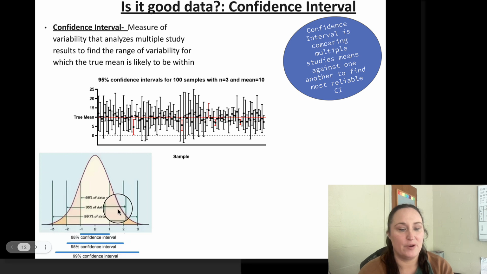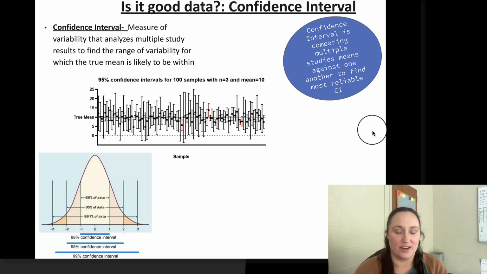So 95% is within 2 standard deviations. So a lot of times studies talk about a 95% confidence interval. So they're looking at multiple studies and they're trying to find what is the range of variability within the means. So see how this says true mean? So you can't compare within one study.